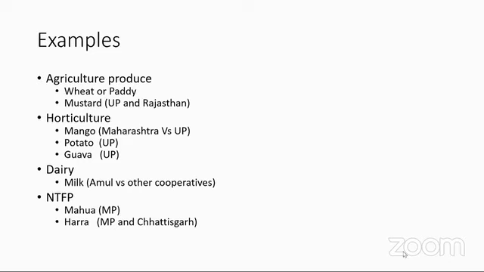But one of the better examples, which is not exactly marketing, but is aggregation and then selling of produce, is ITC's e-Chopal. I would urge everyone to read the e-Chopal case studies. ITC has done really well, especially in this part. They have done aggregation.